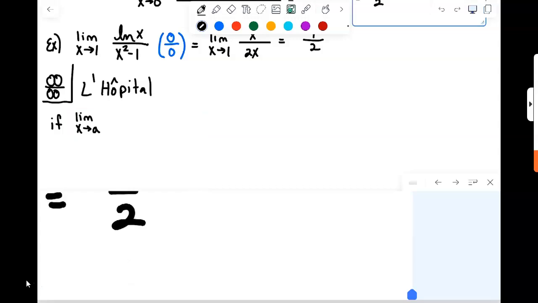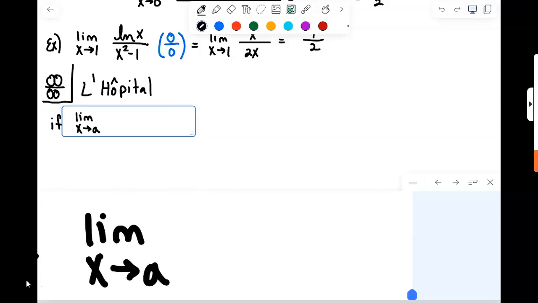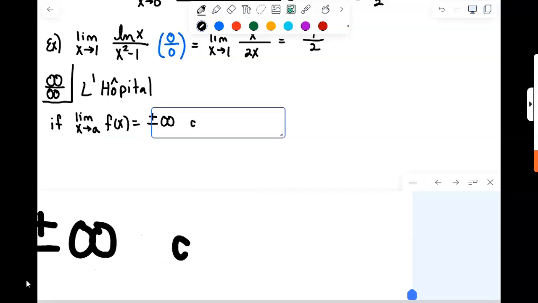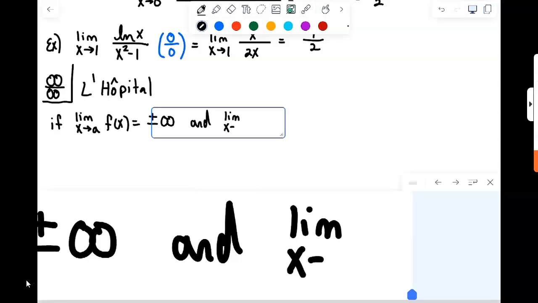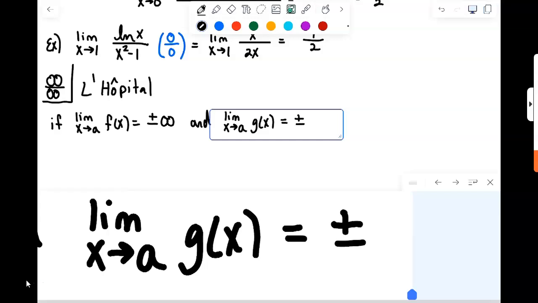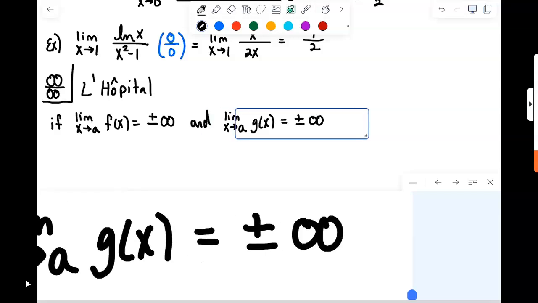So we're just looking at it as approaching a single value of f of x is equal to either plus or minus infinity, and the limit as x approaches a of g of x is also either positive or negative infinity.